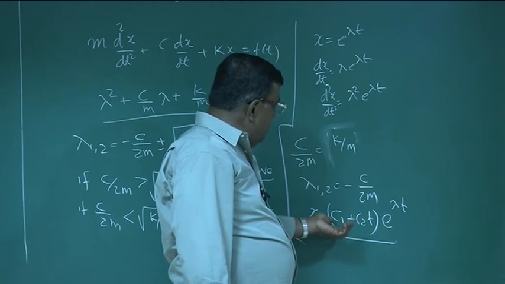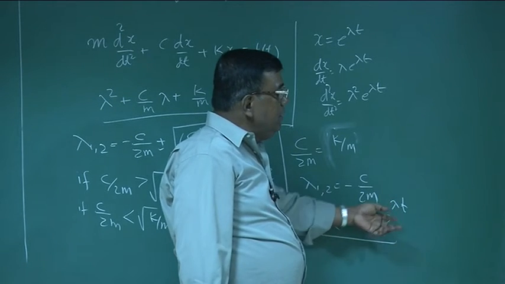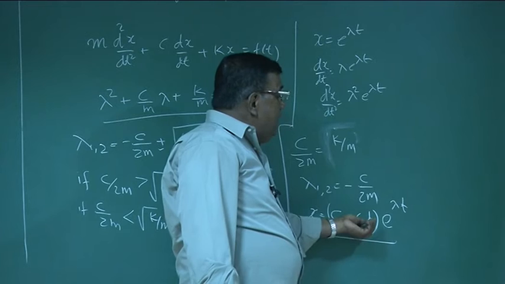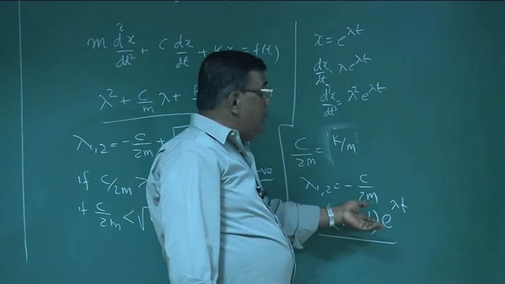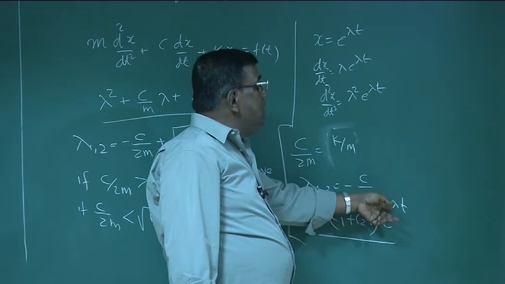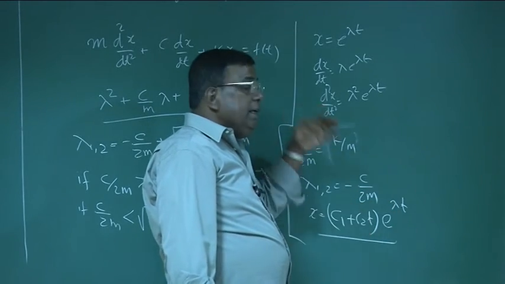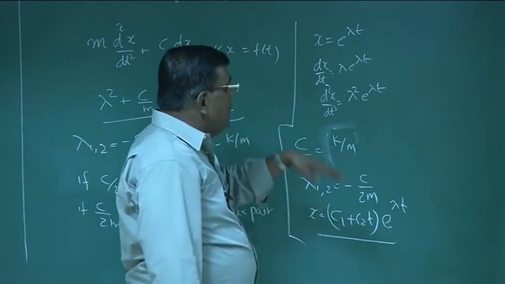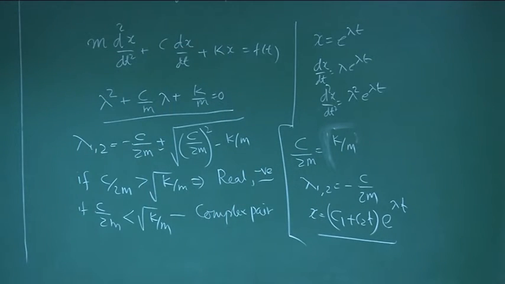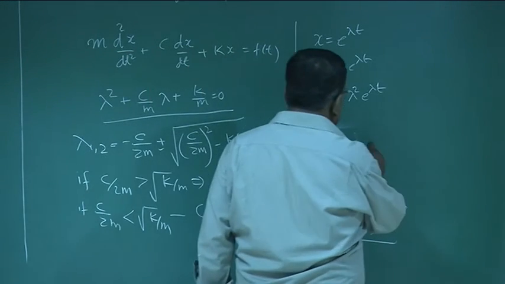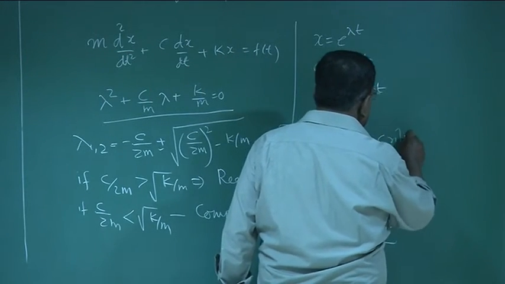The solution will be like this: C1 plus C2 t into e to the power lambda t. As time goes to infinity, this product increases, but e to the power lambda t, when lambda is negative, decays faster. So your amplitude x goes on decreasing. And this is typically the critical damping case.